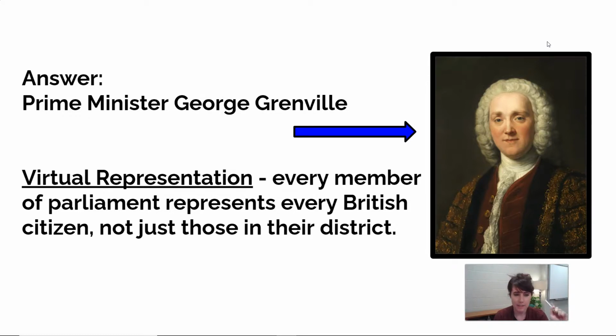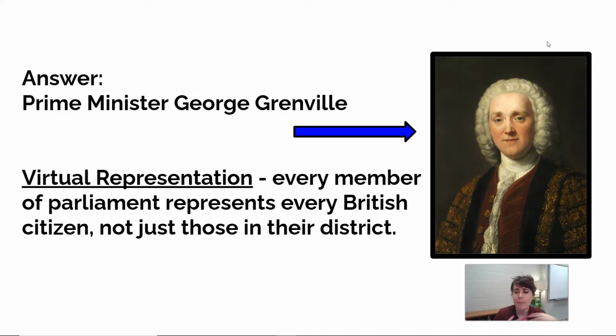And his response is this idea of virtual representation. Remember, the colonists' battle cry is no taxation without representation, right? We don't have a representative in Parliament, ergo, we shouldn't be taxed by Parliament because we're not represented there. Well, he says this, okay, the idea that you absolutely have to know is something called virtual representation. He's saying, yes, you are represented.